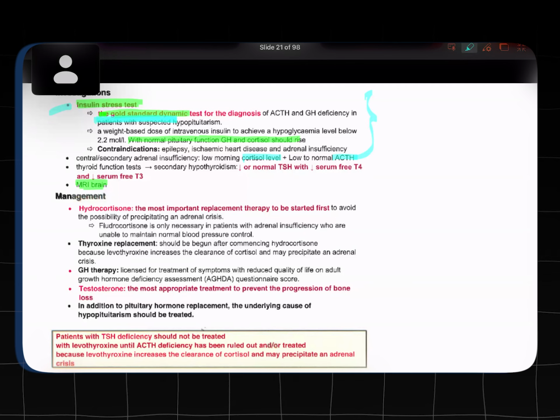Management: the first drug that needs to be introduced is hydrocortisone. Fludrocortisone only if the patient also has adrenal insufficiency. The second drug is thyroxine replacement, which you can start after commencing hydrocortisone. That is, hydrocortisone is the first drug, thyroxine is the second drug, and you can also start growth hormone therapy later on.